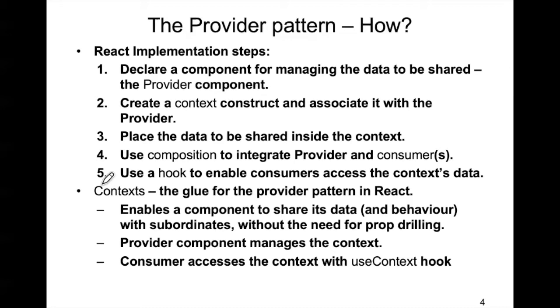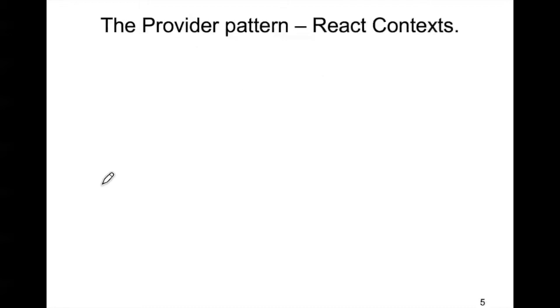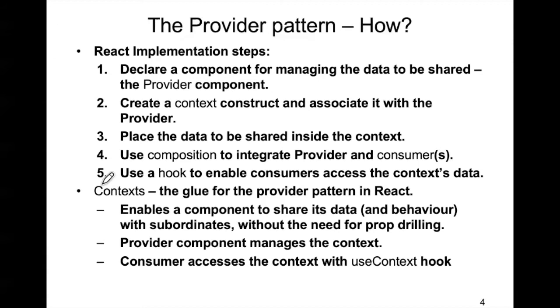And number 3, the consumers just access the values inside the context. And as we'll see, the values inside the context can be changed by the consumers, provided the provider provides functions that allow them to do that, of course. So the provider is always in control.